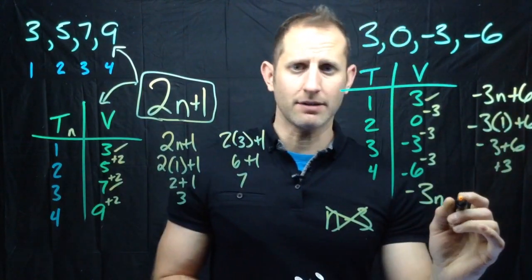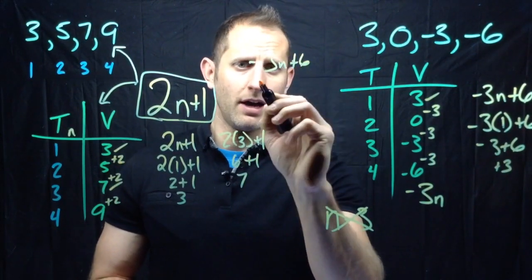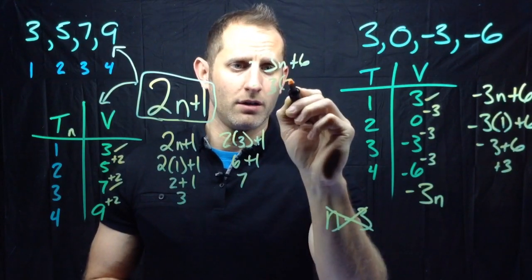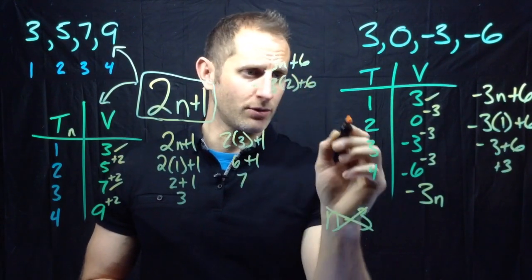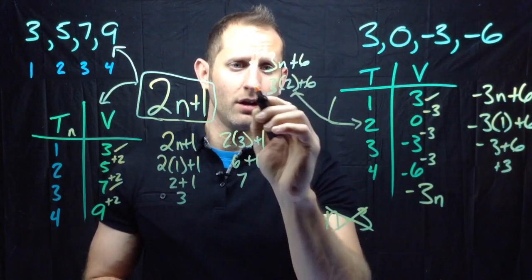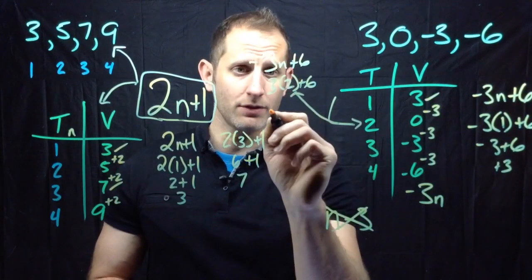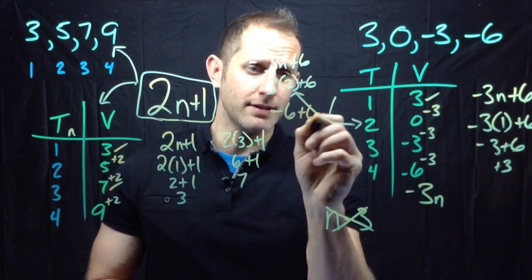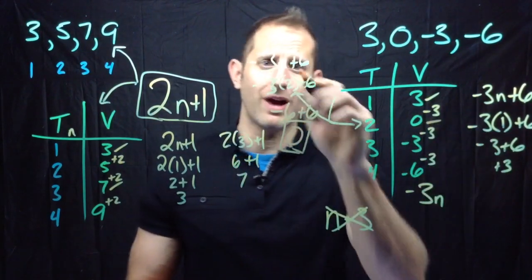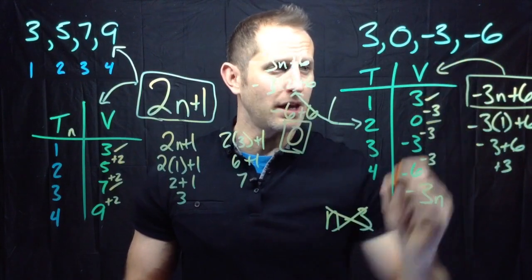If I have -3n plus 6, and I plug in the second term, -3 times 2 plus 6, so the second term, which is what goes there, I have -3 times 2. Well, negative times a positive is a negative, so that's -6 plus 6. My answer should be 0. And it just so happens it is 0, so I know that -3n plus 6 is going to be my pattern rule for this.